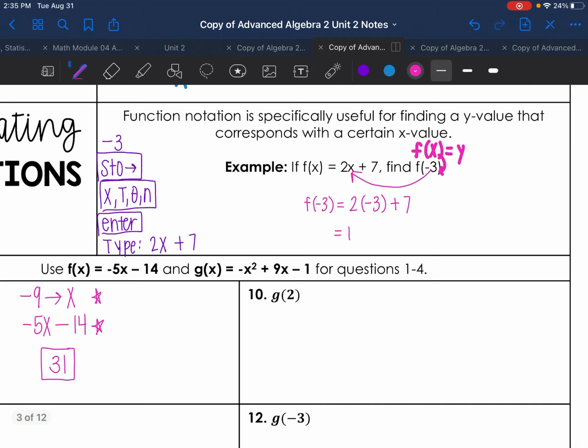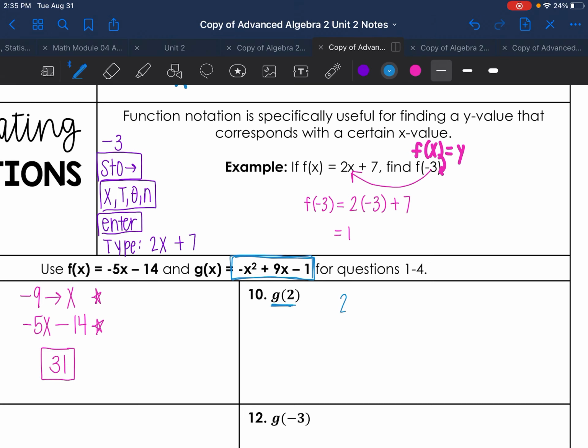Number 10, sorry. This time our function is g of 2. So we're using this equation over here on the right. So in my calculator, I have a new x.